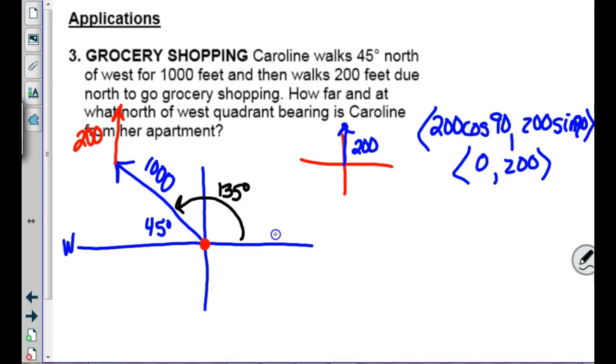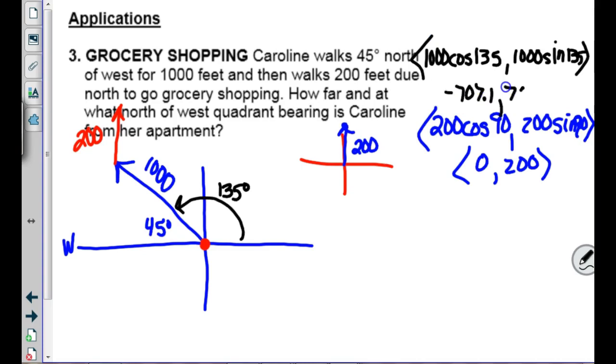So if we do 135, we have 1,000 cosine of 135 and 1,000 sine of 135, which gives me, anybody? 890 or something? I'm making that up. 707, negative 707.1 and positive 707.1. Anybody type both of those and double check me?